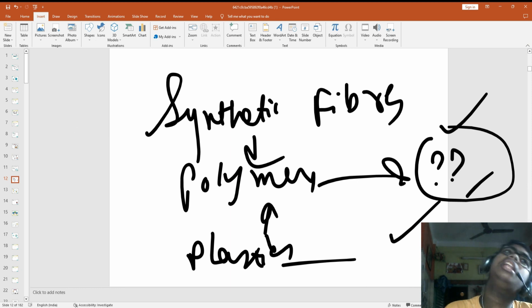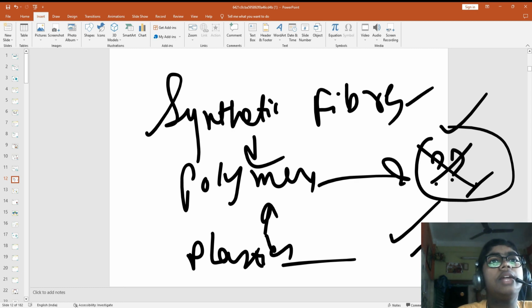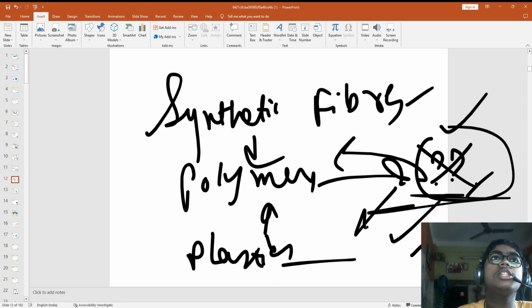There are three types of polymers. One is synthetic fiber, one is plastic, and one is something that you are not going to learn, so don't bother about it. This year you will learn about synthetic fiber and plastic, so learn it very well, and when you learn it later you can relate, because it is very much related.